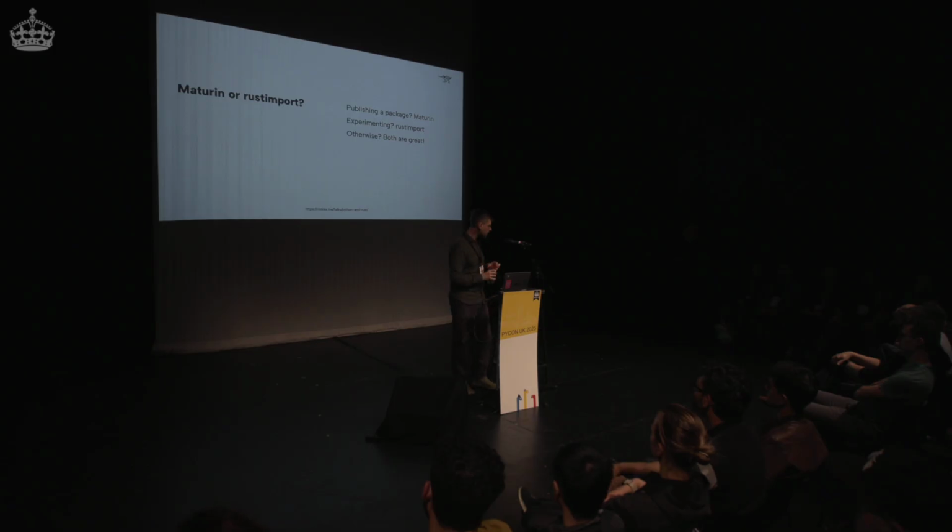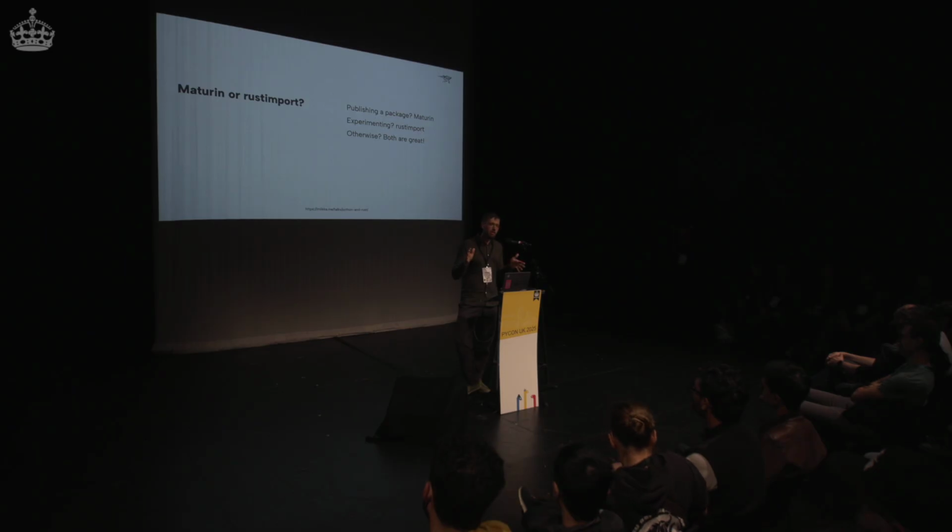If you go back to my coworker and the interval tree, so he actually used Rustimport, and when we were going to merge it and go to production, I was like, maybe we should look into Maturin, like not have this magic tool, but this explicit serious tool.